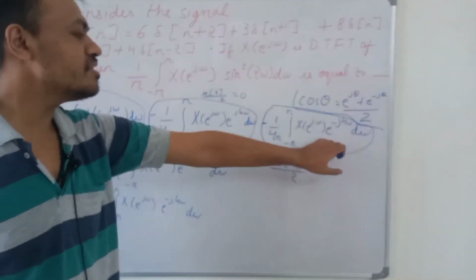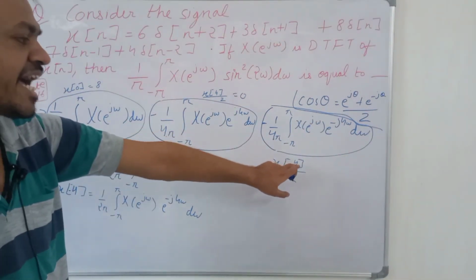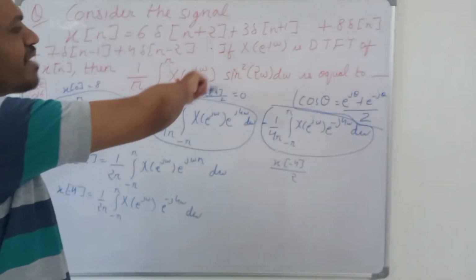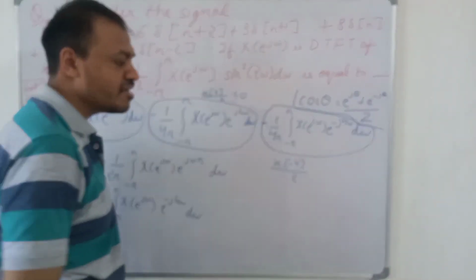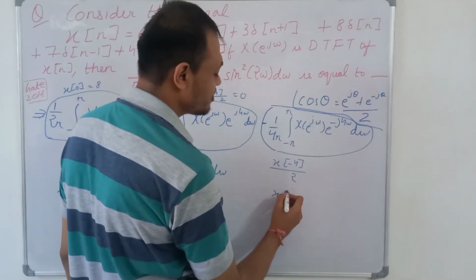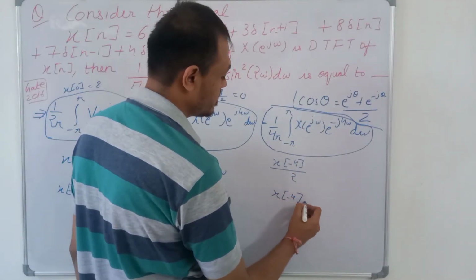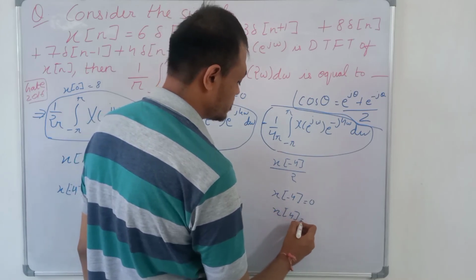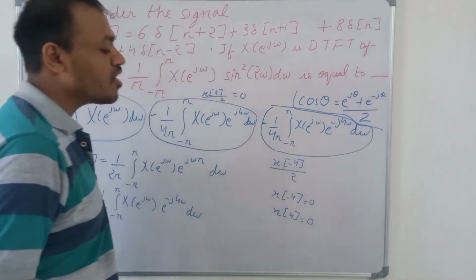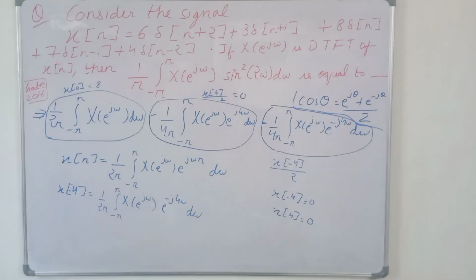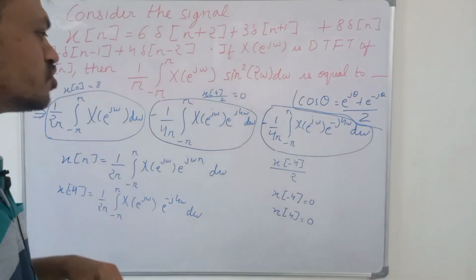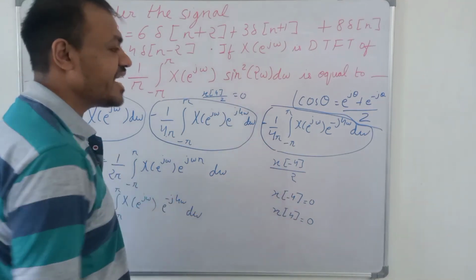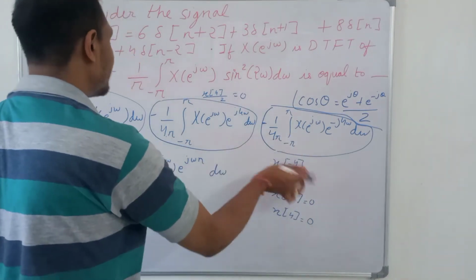The signal exists only from minus 2 to plus 2, so the value of x of minus 4 is 0. Similarly, x of 4 was 0. So these two terms are 0.